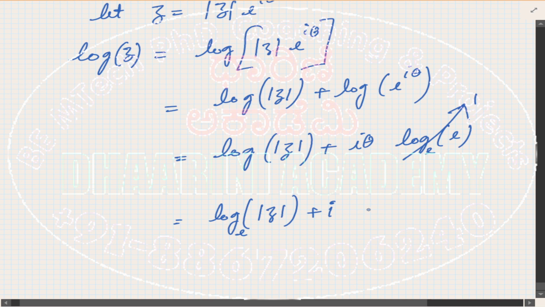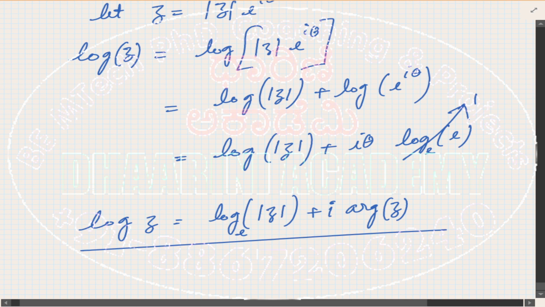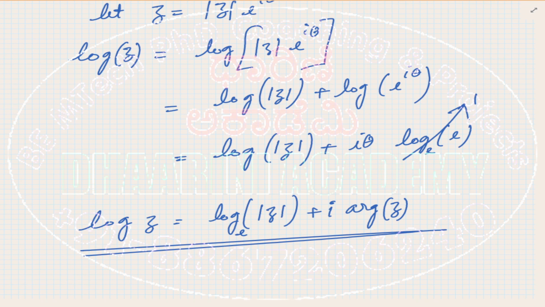Theta is nothing but the argument of z. So whenever a complex number z is given and we are asked to find its log, this is the way of representing that. So the logarithm of a complex number is also complex.